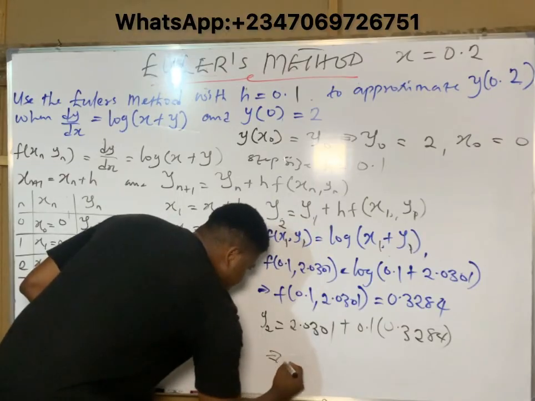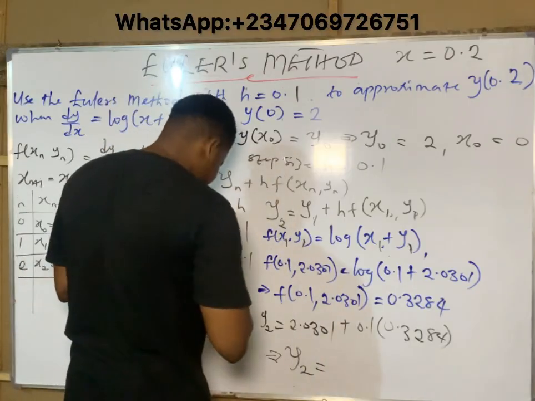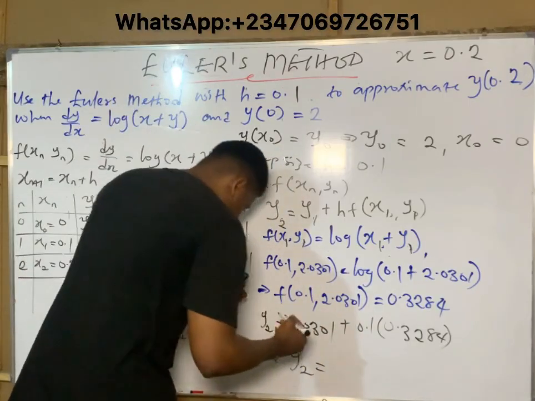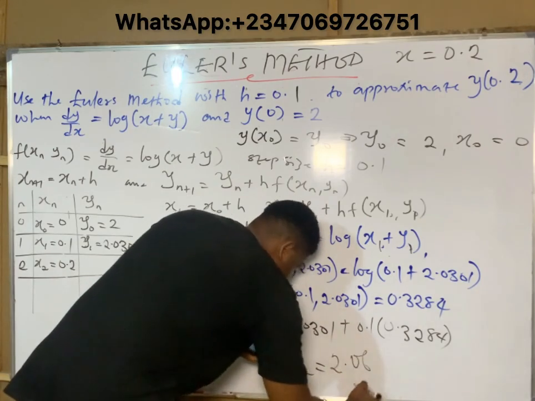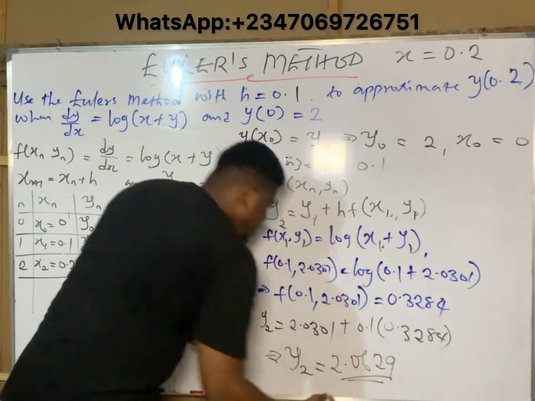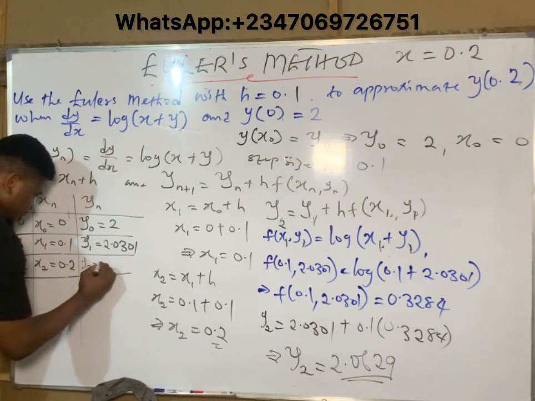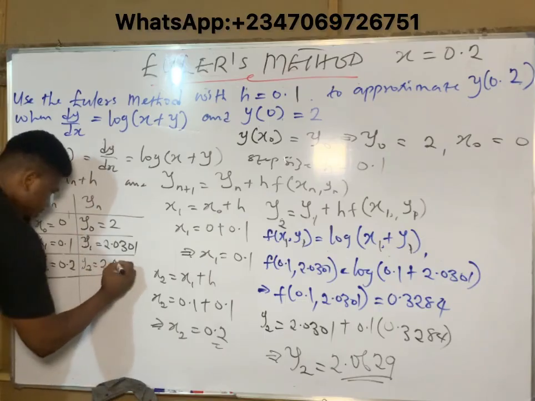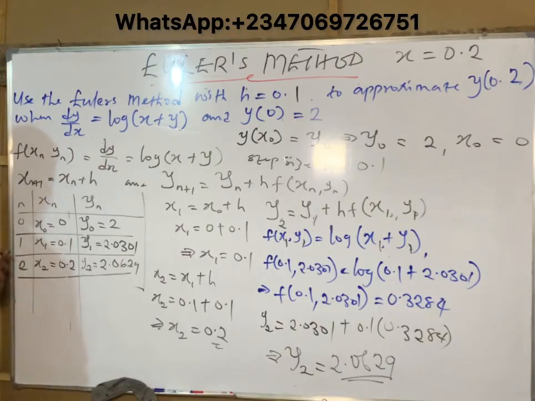So this simply implies my y2 is equal to, so I will simply evaluate everything together. So y2 simply gives me approximately 2.0629. So this becomes my final answer. y2 equals 2.0629. So that becomes the value of the function y when x is 0.2.